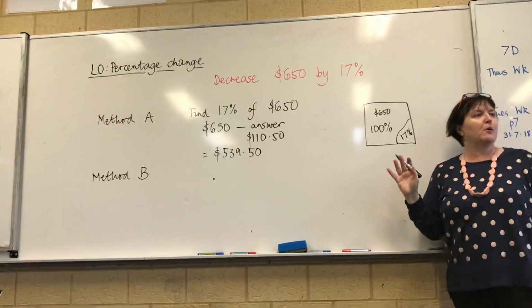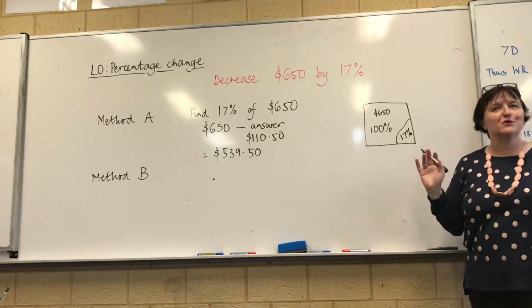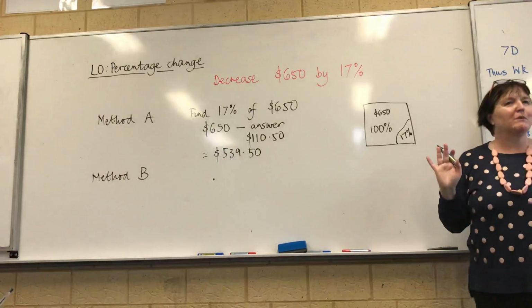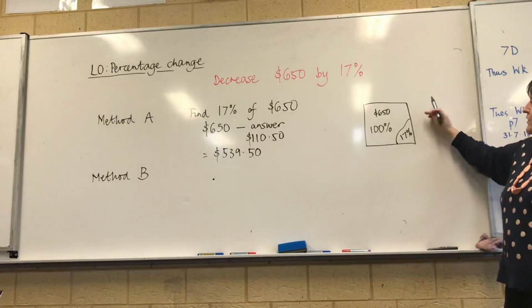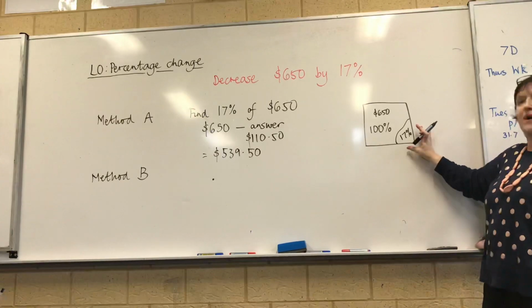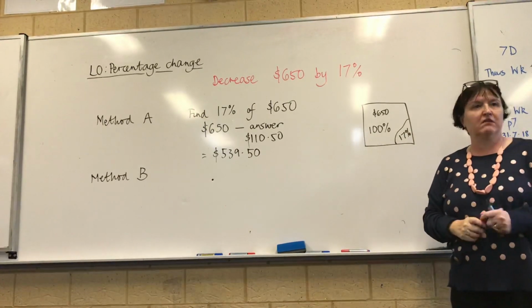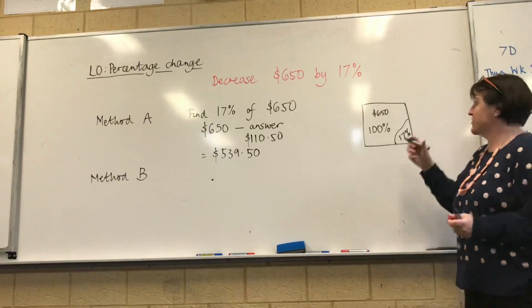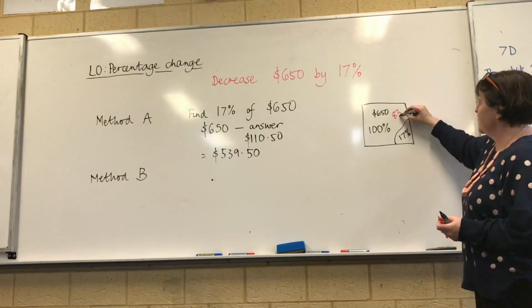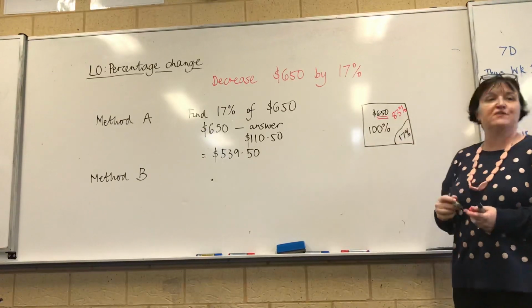Please, no comments about whether the 17% looks like it might be 17% or not. We're just drawing a picture. So if that's 100% and we're taking away the 17%, what percentage are we left with? 83. So we're left with 83% of the original amount, which is 650.